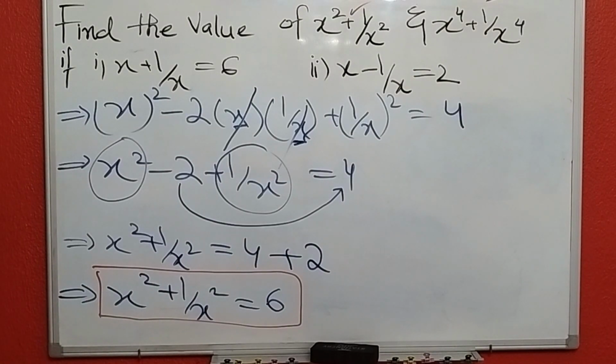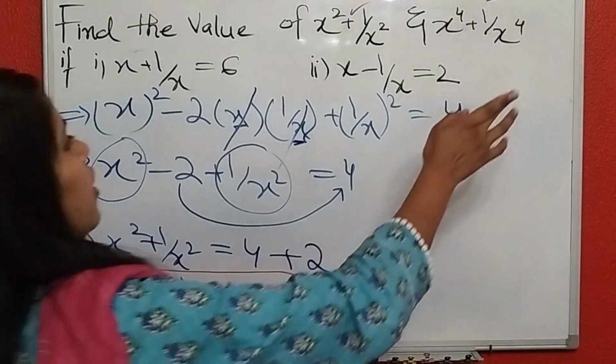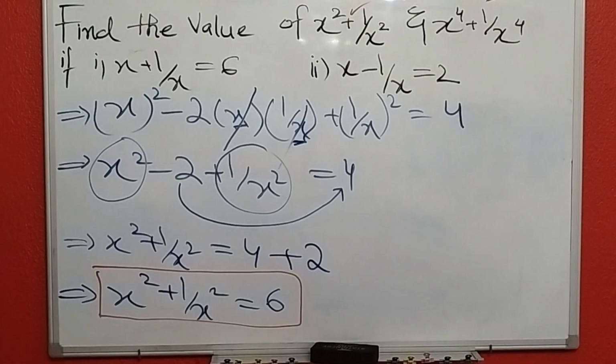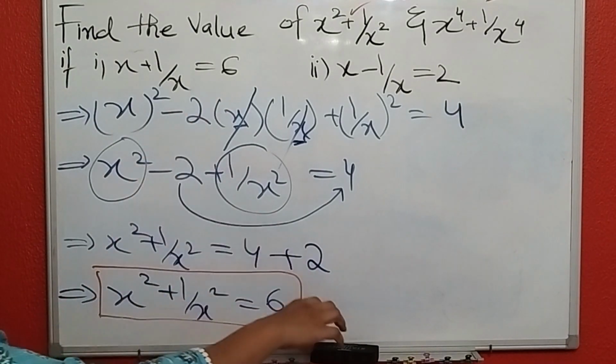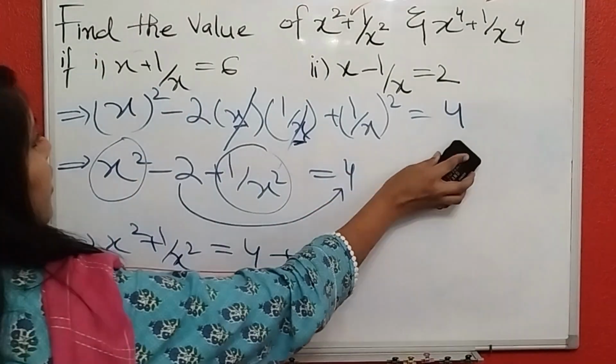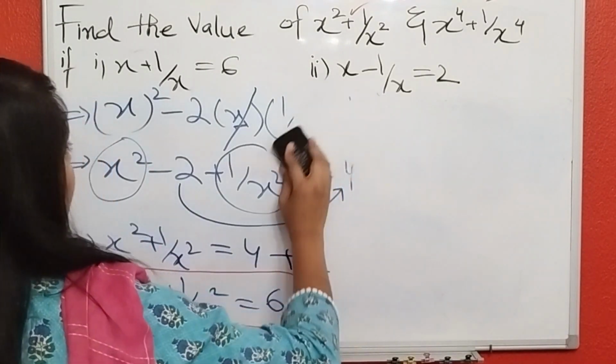So students, if you want to copy, you can copy down by pausing my video. Now I am going to do this part with this value. Okay. For doing the other part, I am going to erase all the steps.